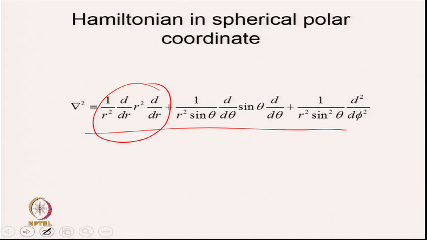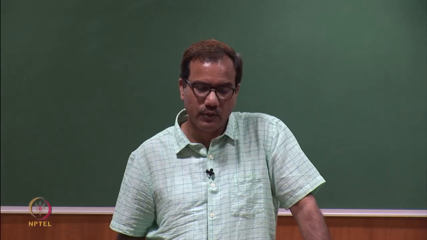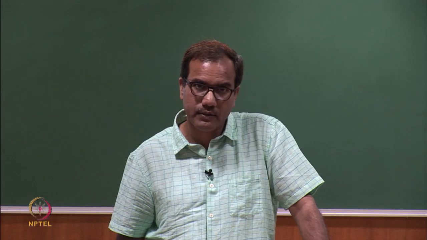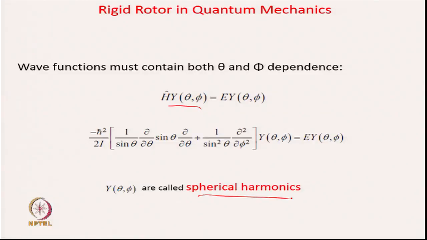So, your Laplacian operator will have only dependence on theta and phi, and the wave function depends on theta and phi, if we are assuming that this rotation is like a rigid rotor, and that kind of wave function is known as spherical harmonics.